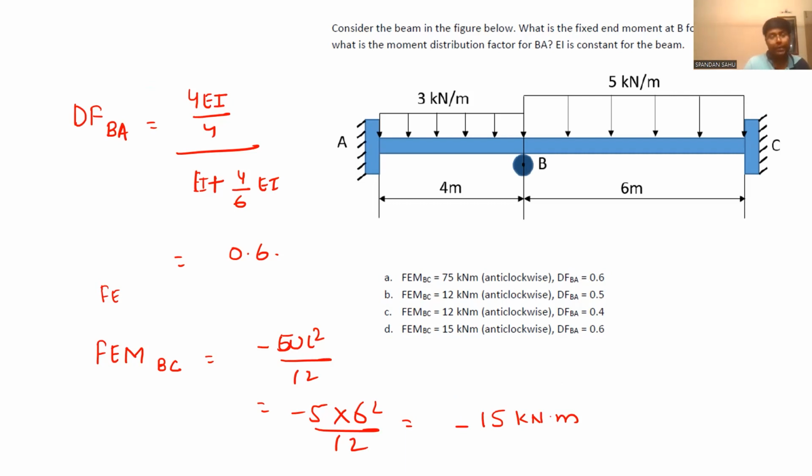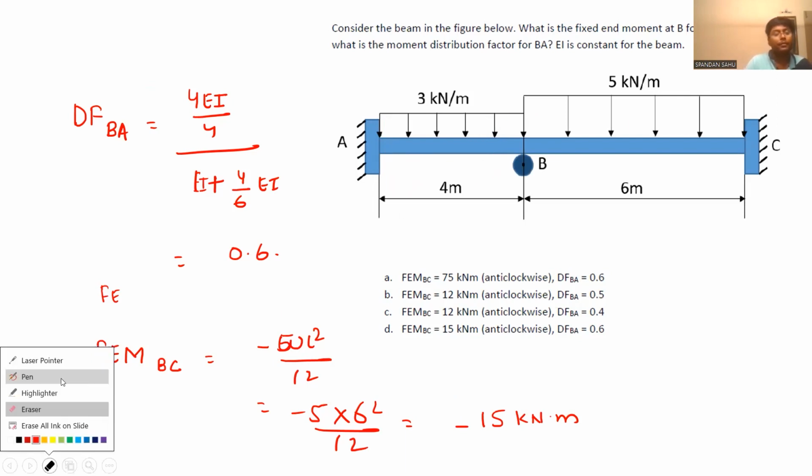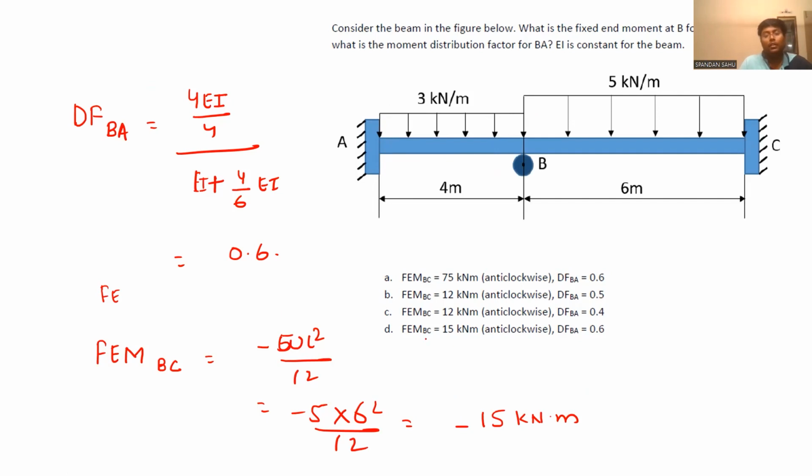I should not show it like this because those are fixed things. So option D I am getting. Are you getting any other options?